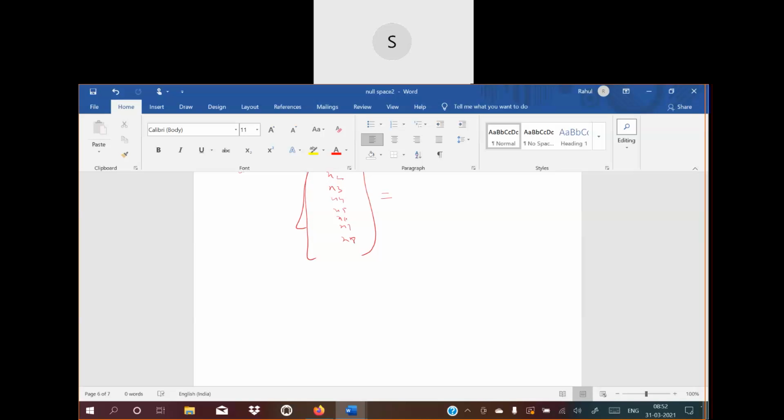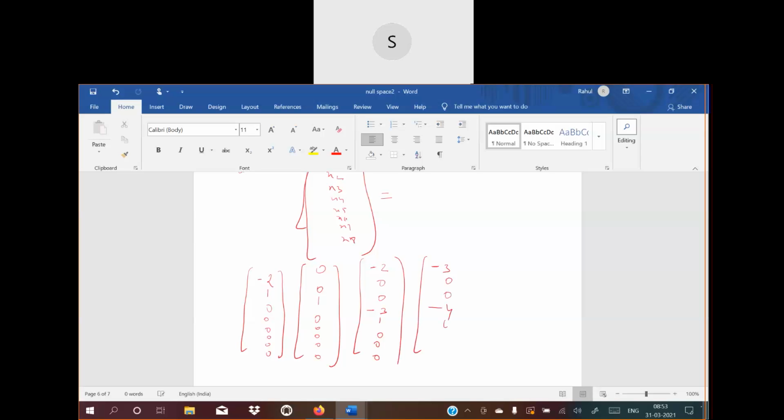So the answer is this, and we'll see how it is. -2 1 0 0 0 0 0 0; 8 2 2 4 5 6; 0 0 1 1 2 3 4 5 zeros; -2 0; -2 0 0 -3 1 0 0 0 3; 5 8; -3 0 0 -4 0 1 0 0; -7 0 0 -8 0 0 -3 1.